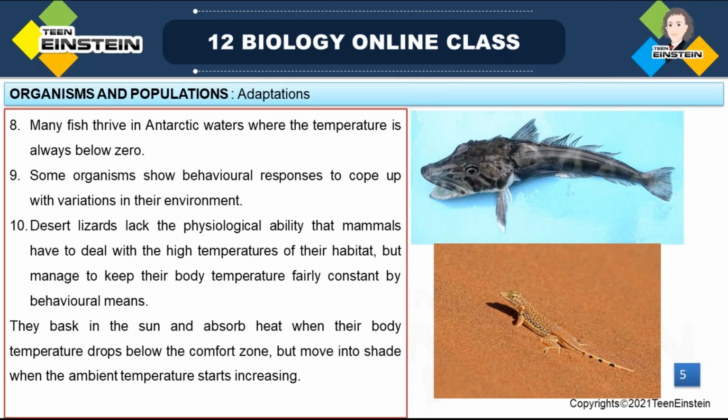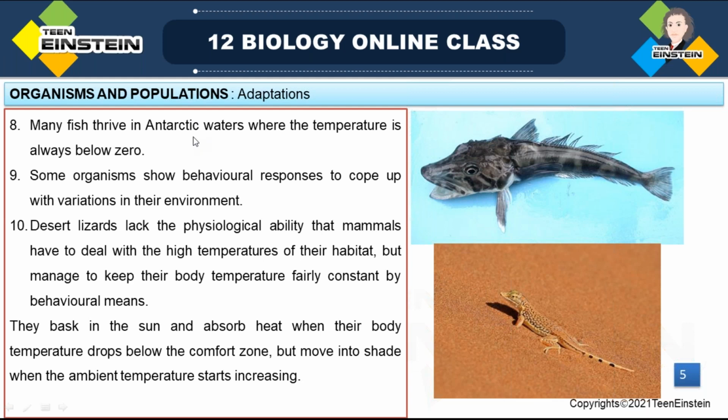The next example is about Antarctic fish. These fishes can survive below 0 degrees centigrade. How is it possible?